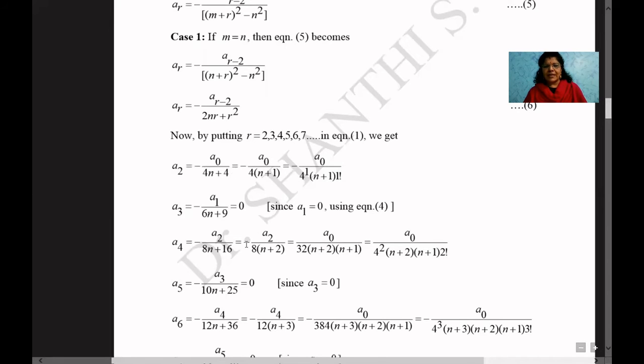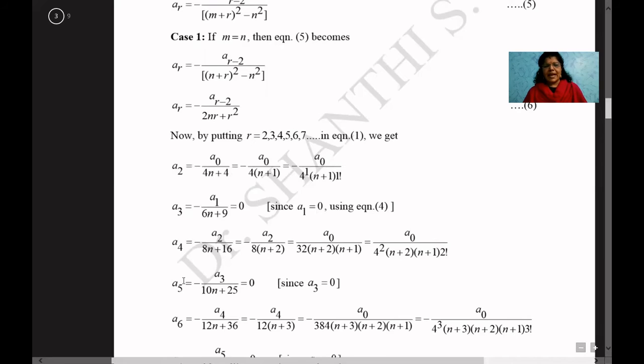Here already minus is there. Minus into minus will be plus. 4 into 8 is 32. n plus 2, n plus 1 I have written in the denominator, numerator a0, which I have written in terms of like this. I told you this, the last term, which I'll be explaining a bit later. This also I'll explain a bit later after finding one more term.